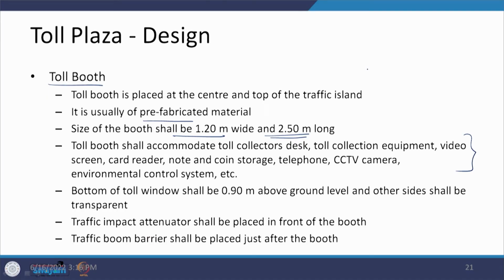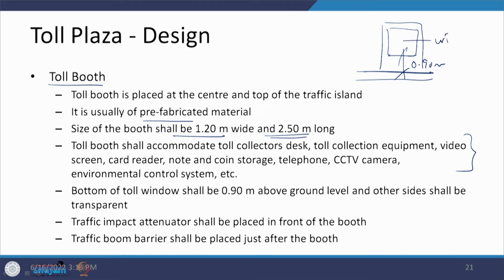Now, when we talk about this booth which is being provided at the top of an island, there is going to be a window through which the person is going to view, and the height of this window is 0.9 meters from the top of this island.